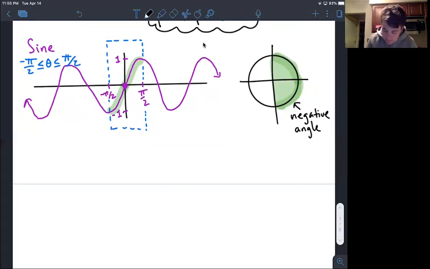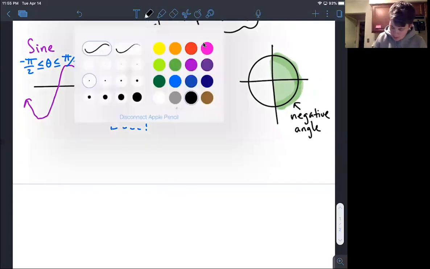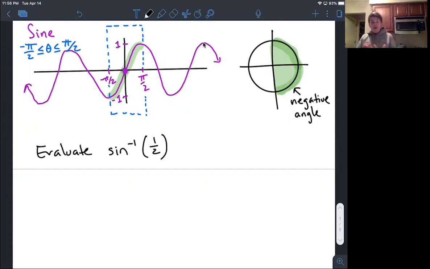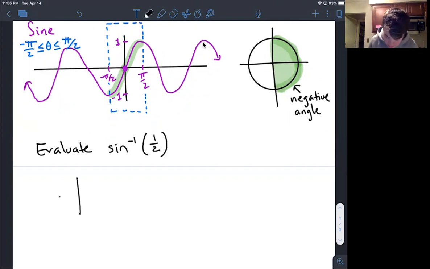So y'all, let's do a quick example. Let's say I wanted to evaluate the inverse sine of 1/2. So looking at our principal values, let's draw our tiny little unit circle.